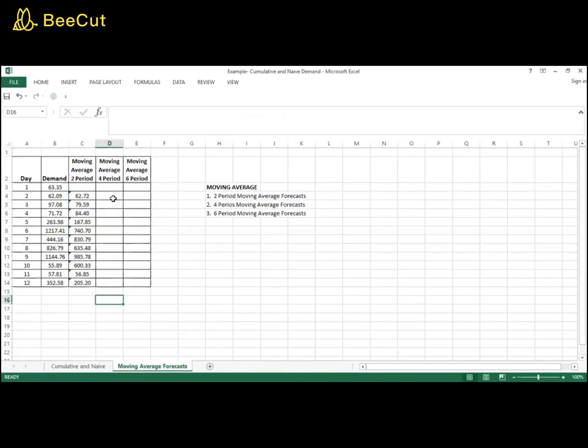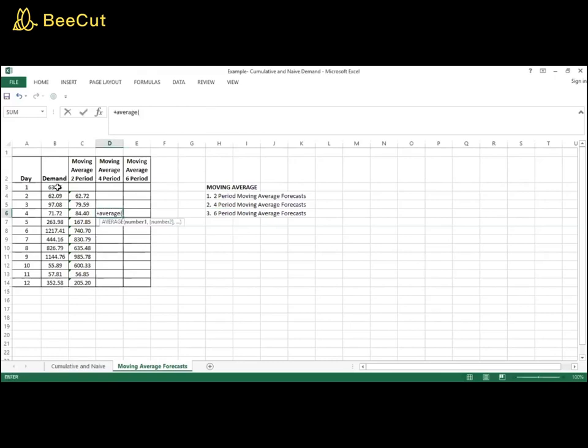Okay, next I'm going to do a four period moving average. Oops, there's a little bit of a spelling mistake. Let me just correct that. There we go. And so for a 4 period moving average, I will need to take an average of 4 periods. So the first 3 periods will be left blank.